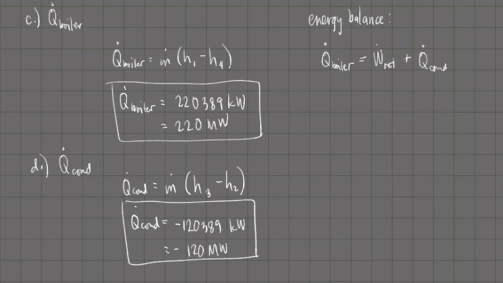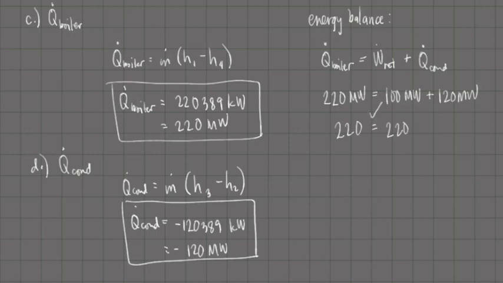If we use the absolute values of all of these parameters, we have 220 megawatts from the boiler, 100 megawatts net power generation, and 120 megawatts heat rejection in the condenser. We see that both sides of the equation are equal, therefore we have confidence in our solution being correct.